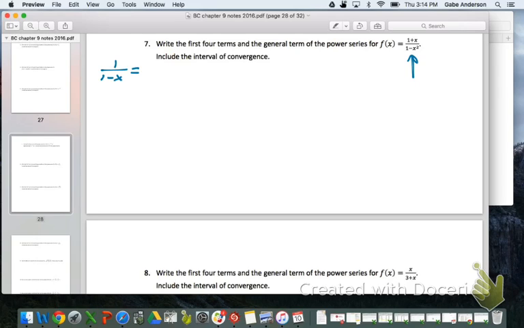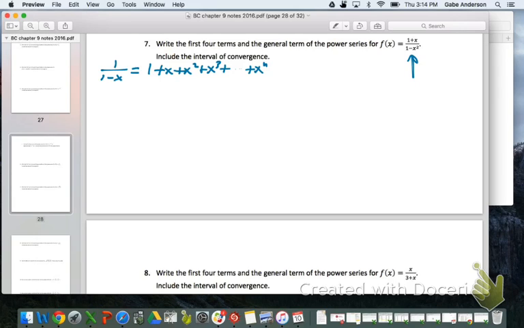So just as a reminder, 1 over 1 minus x is equal to 1 plus x plus x squared plus x cubed plus dot dot dot plus x to the n. If we have an infinite number of terms on our interval of convergence, the power series here will converge to 1 over 1 minus x.